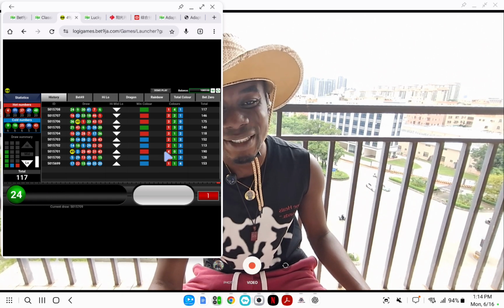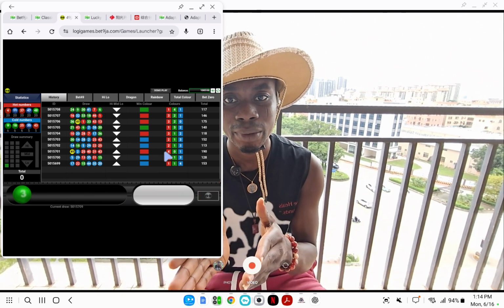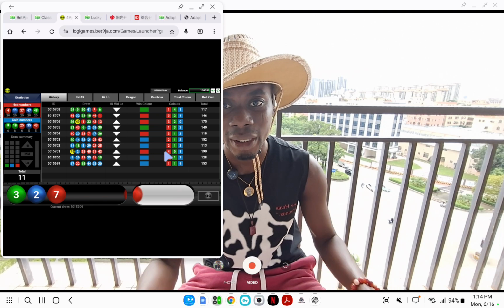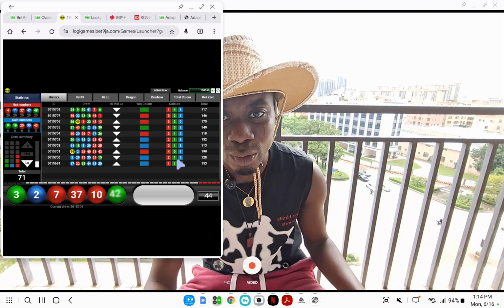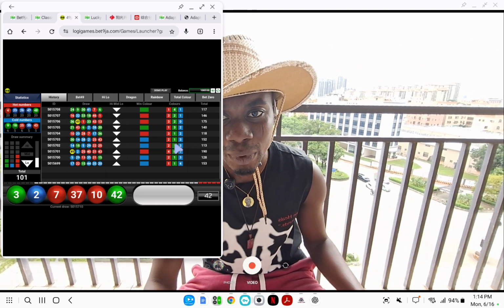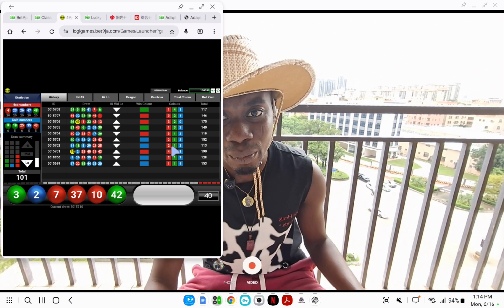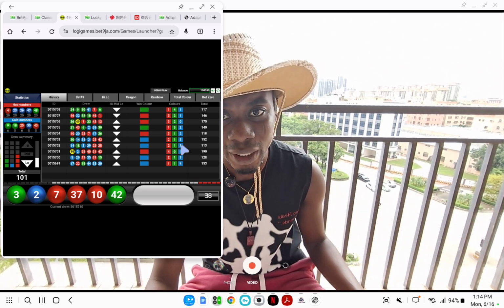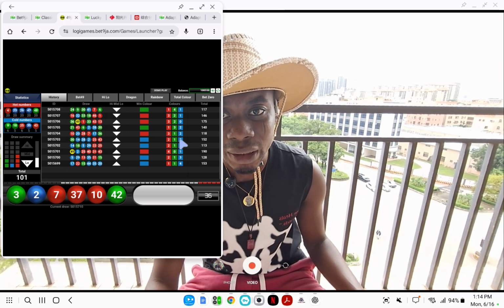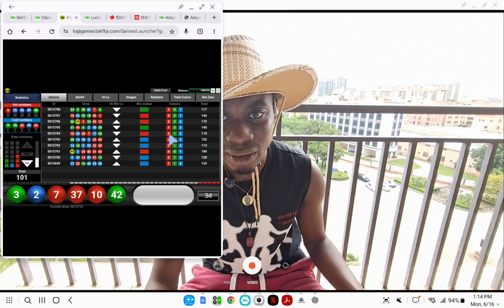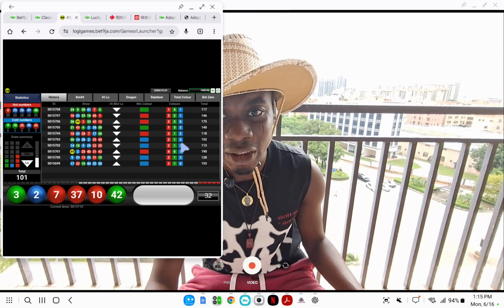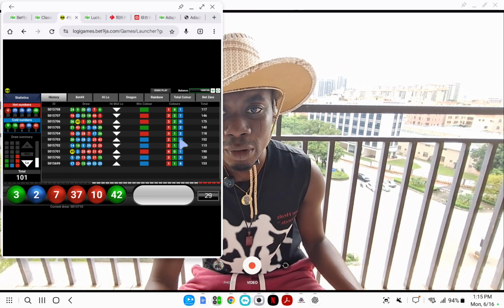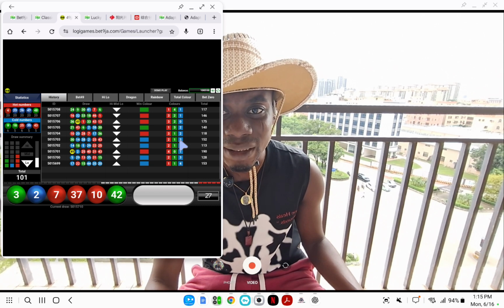Now the next one is expected to go back to green. At this point it was supposed to be green, but it did not make a win for green, but rather it came to the blue. When the blue broke, it came to red. So long as it has not changed position, we are expecting it to break.